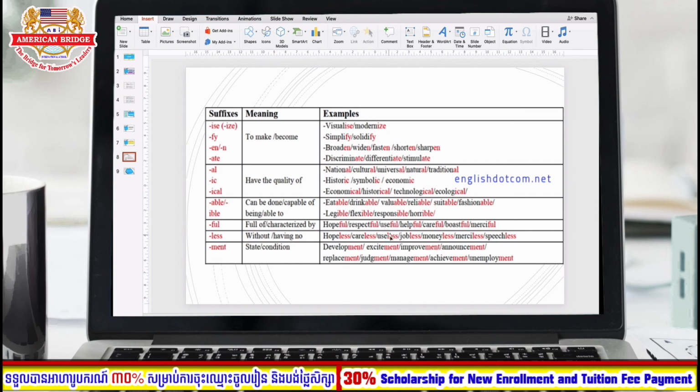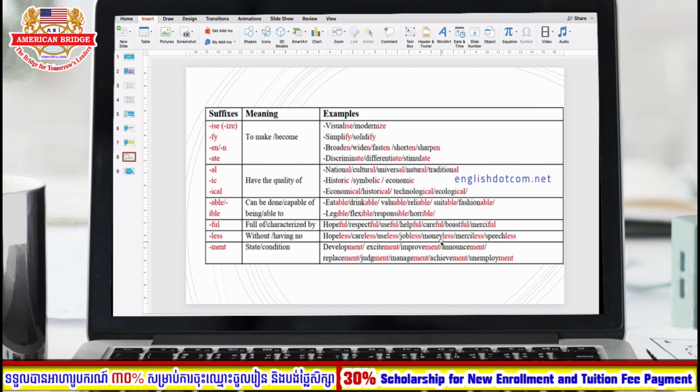Another example, money. Money is a noun, and when you say moneyless, it means you have no money. Home, which means a place where you live, but when you add the suffix less, it becomes homeless.